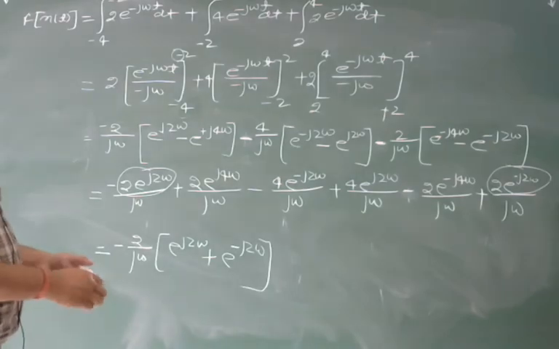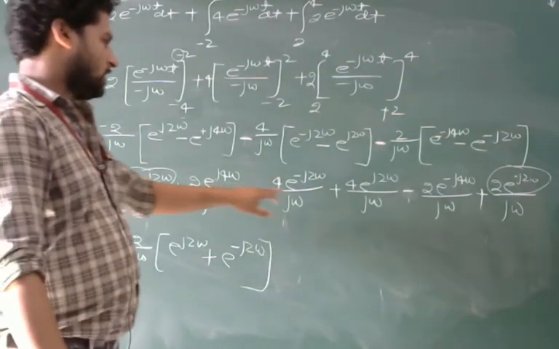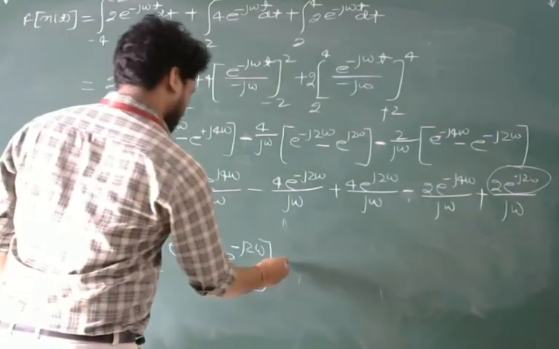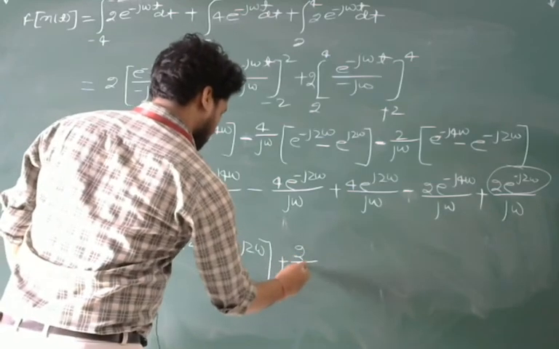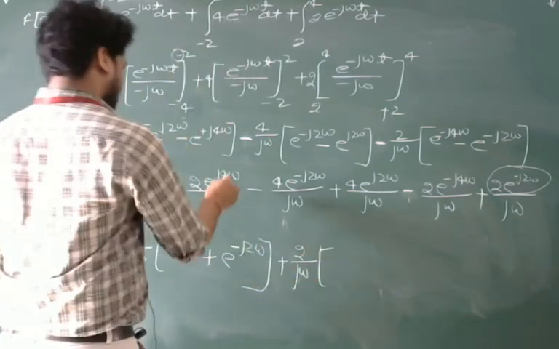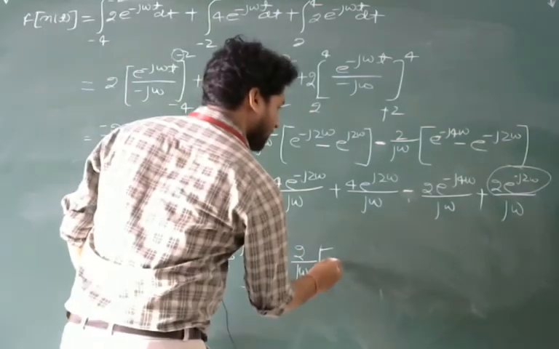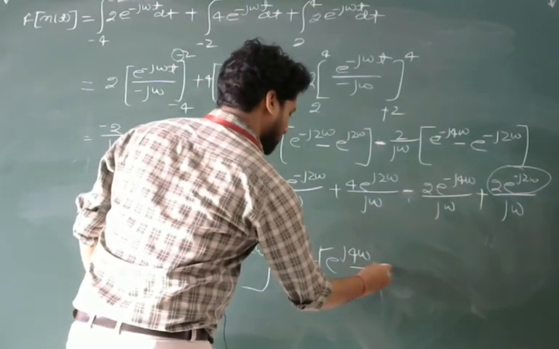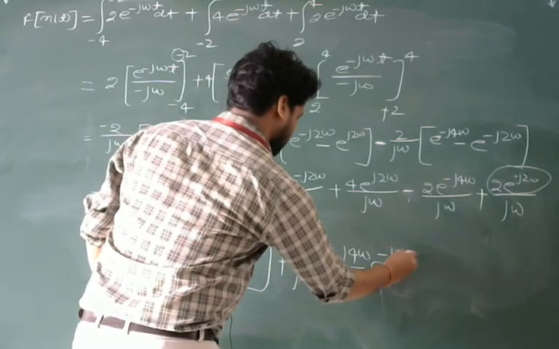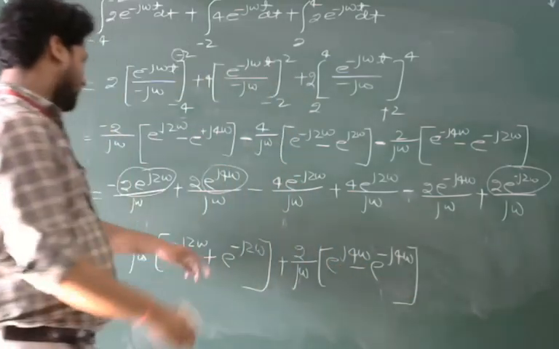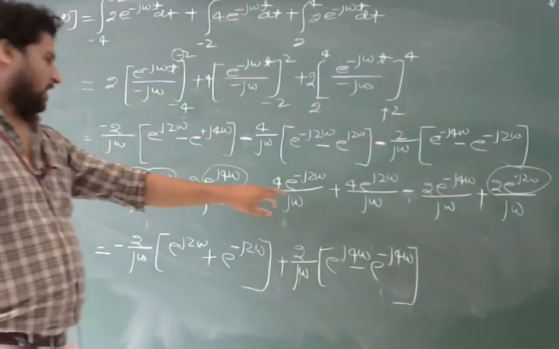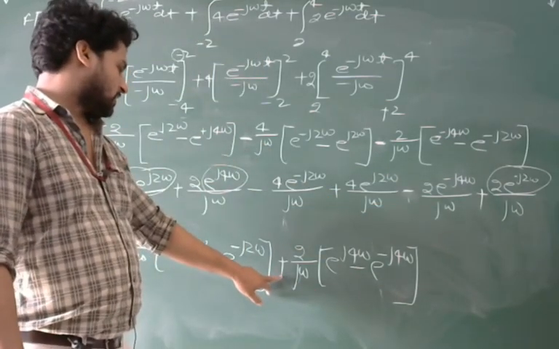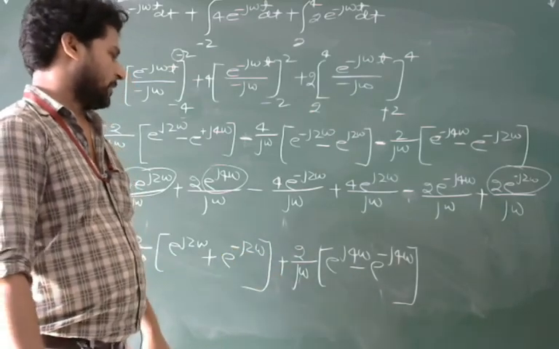Now look into j4 omega and minus j4 omega. Consider these two terms. This will become plus 2 by j omega into e power plus j4 omega minus e power minus j4 omega. This is e power plus j4 omega minus e power minus j4 omega, and 2 by j omega is common here.